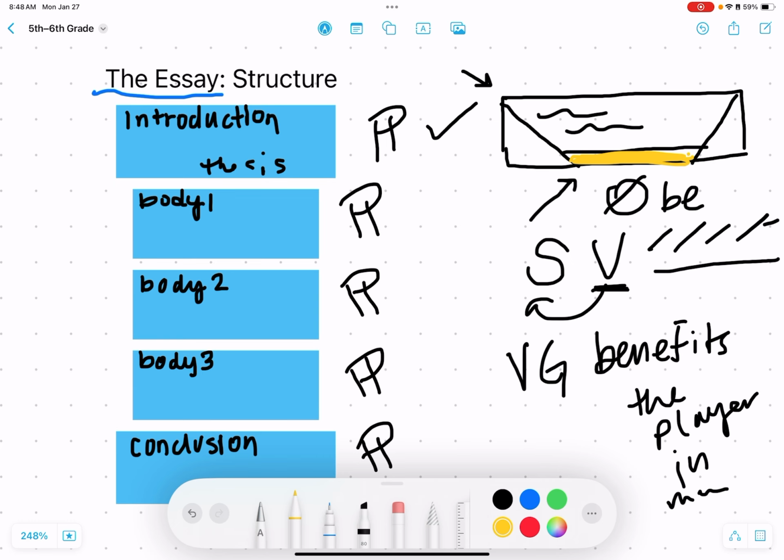So we're going to talk about the other paragraphs in the following weeks. But this week, we are only talking about the introductory paragraph. Now, you are going to be writing a 5-paragraph essay in the next several weeks.